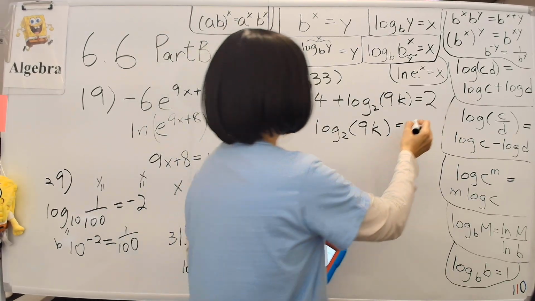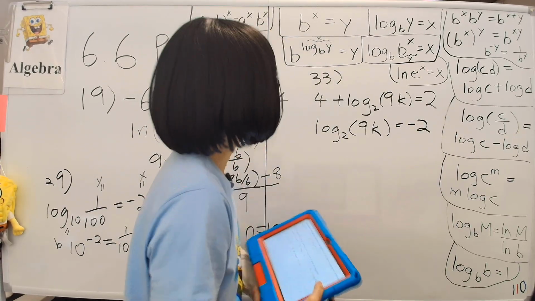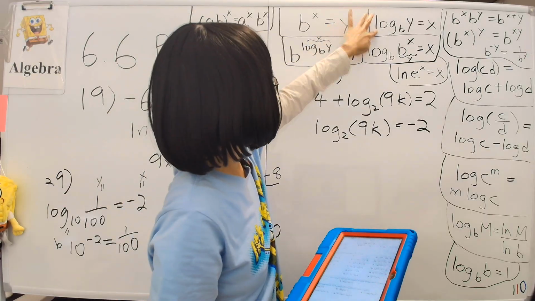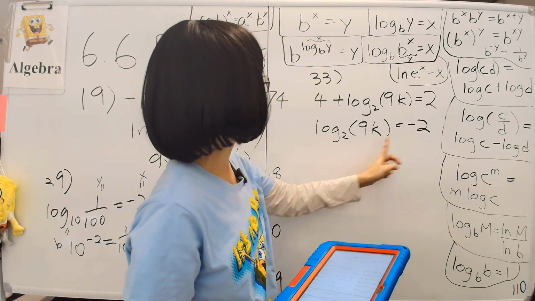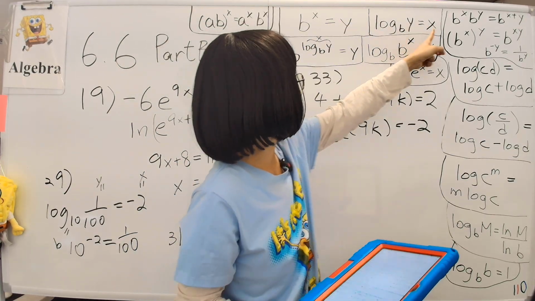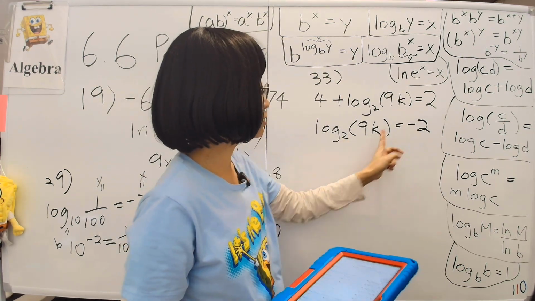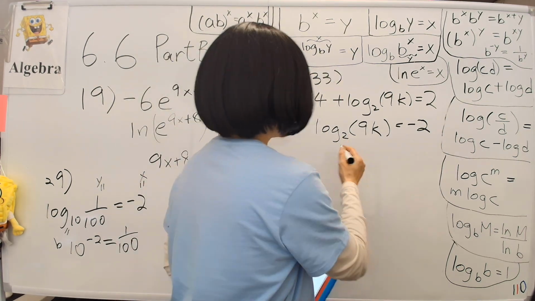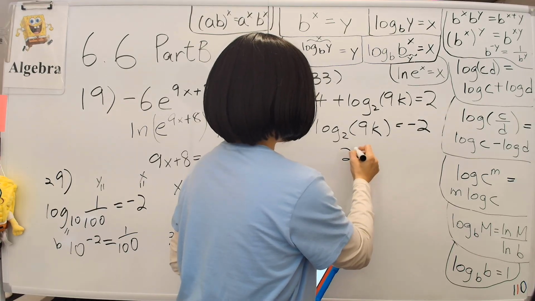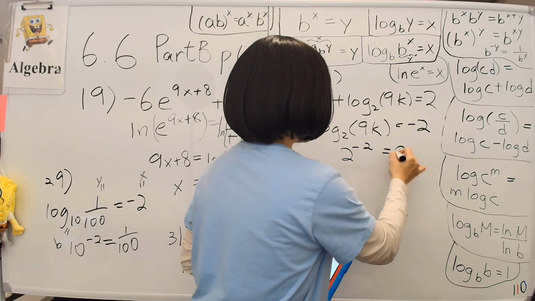So that means, based on this definition right here, log base 2 of 9k is minus 2 means b to the power x equal to y. In other words, 2 to the power minus 2 has to be equal to 9k.